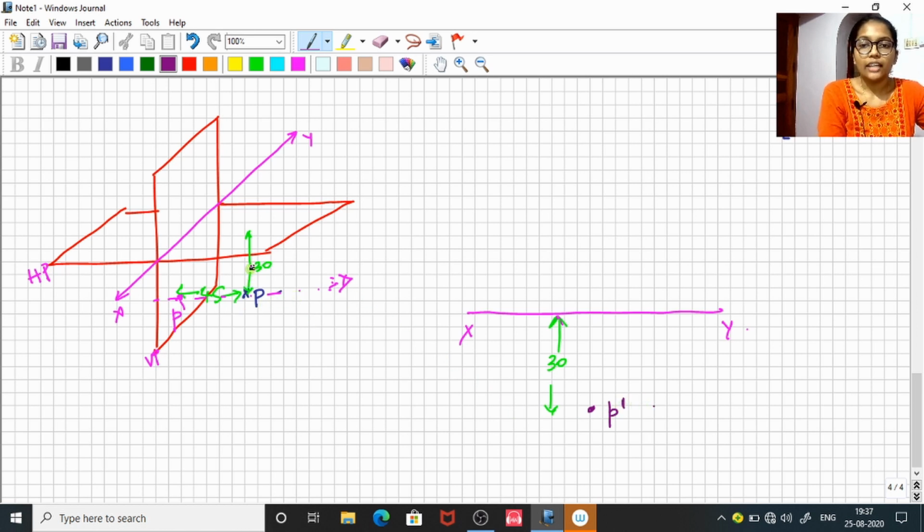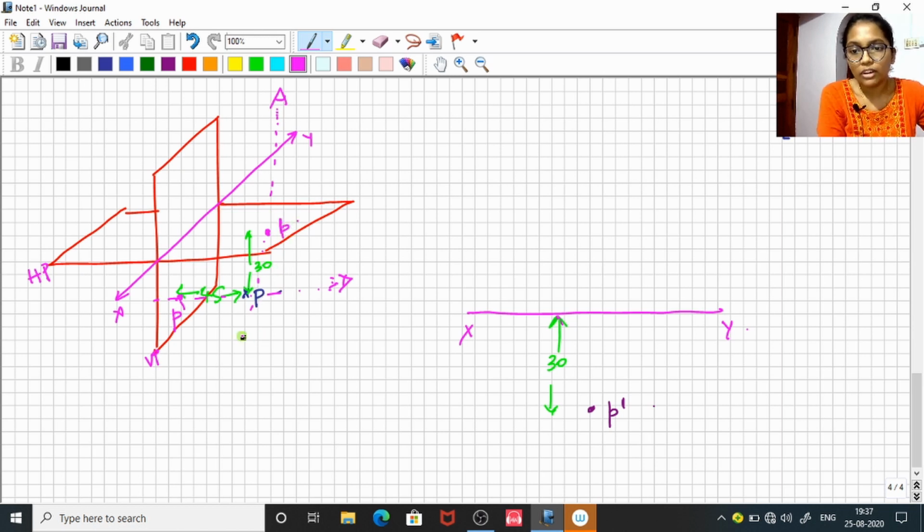Okay, and you can say that again about top view. Please understand that here, if the observer is viewing the same over this HP, the line of sight passes through HP at this point. So this is the top view. So let us mark it as small letter p.